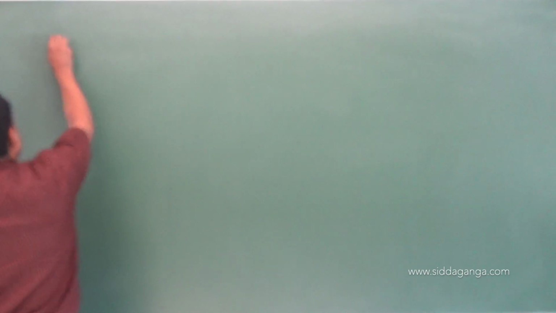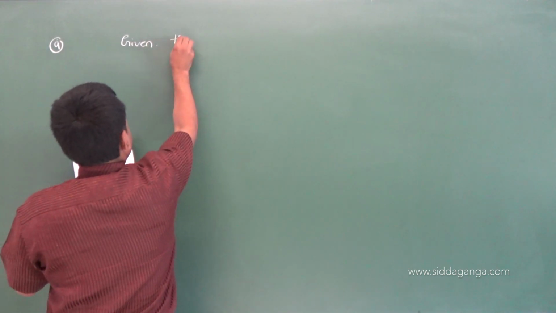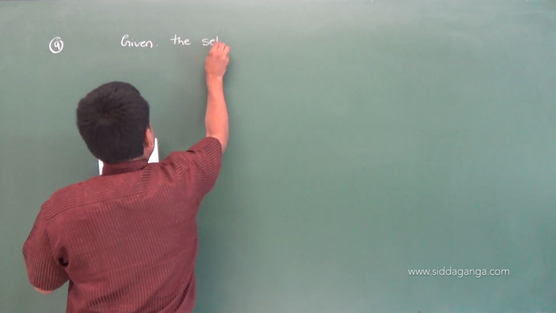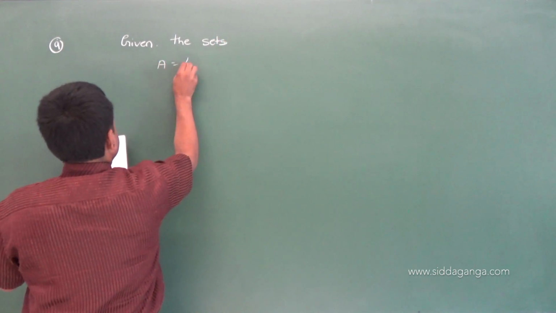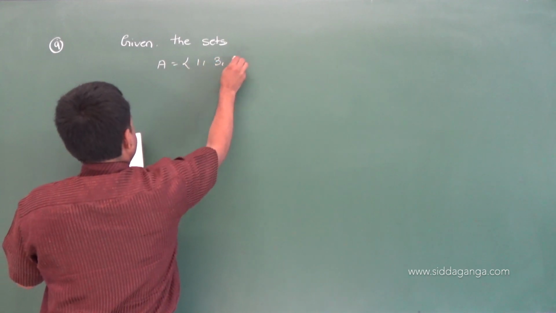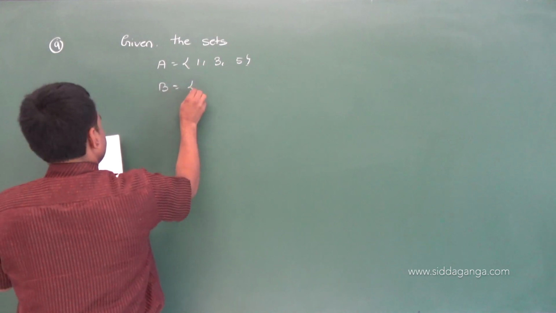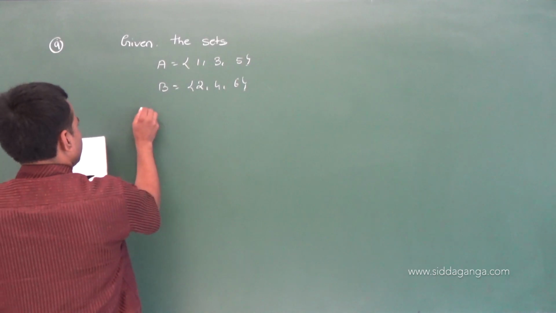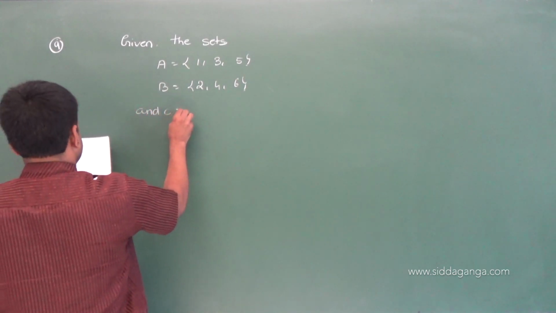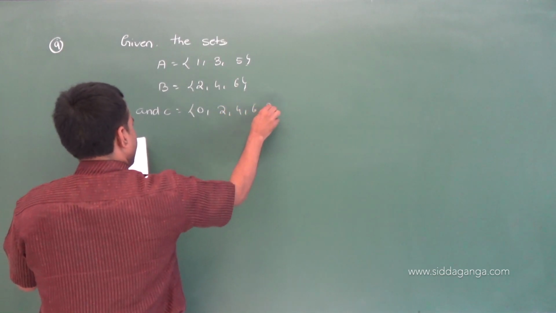Ninth question. Given the sets A equals 1, 3, 5, B equals 2, 4, 6 and C equals 0, 2, 4, 6, 8.